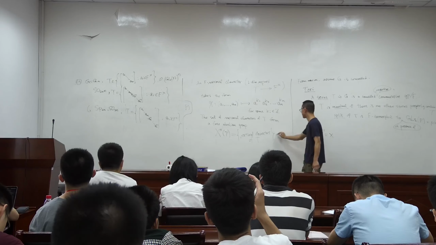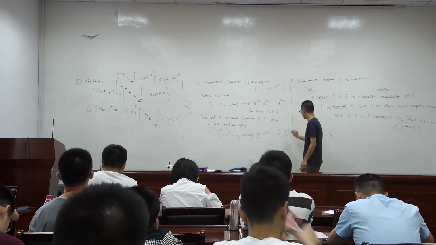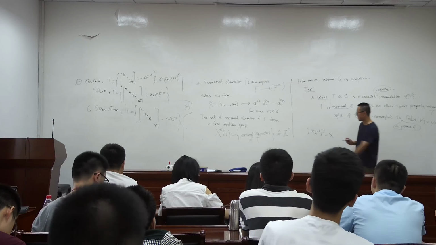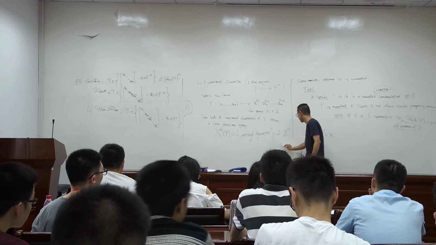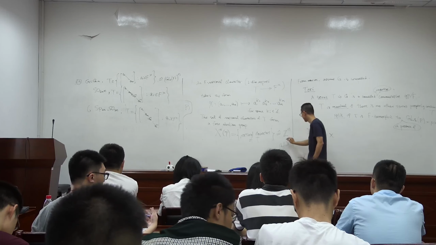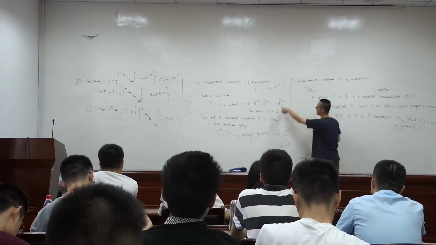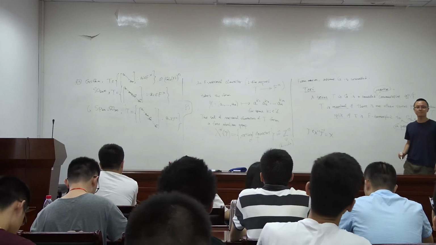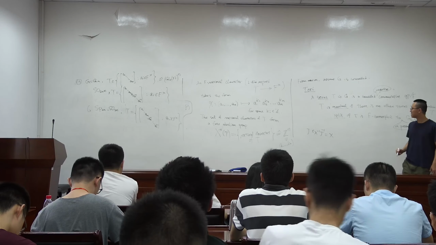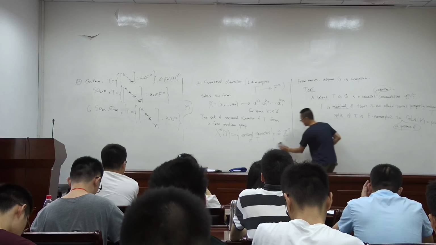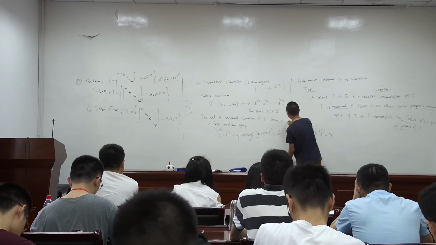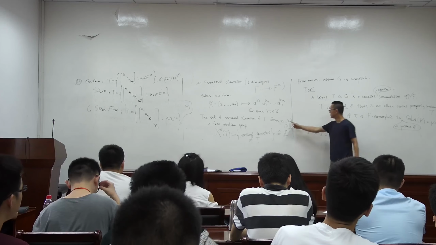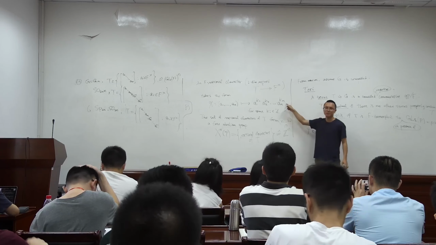And as a free abelian group, this is just Z to the n, where of course any element k1 to kn represents a character like this. Okay, can you see that? So a tuple k1 to kn with integer entries represents a character.